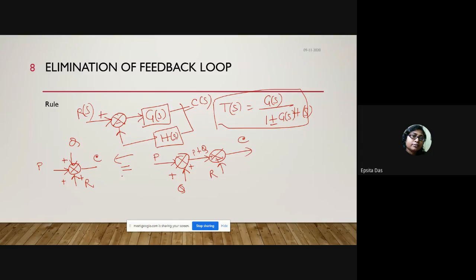I can go from this to this, or from this to this. These are reversible processes, and if it is required for the simplification of the block diagram, we can do that.